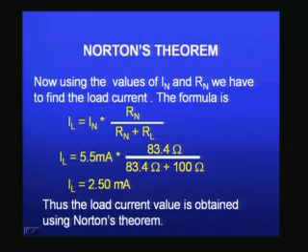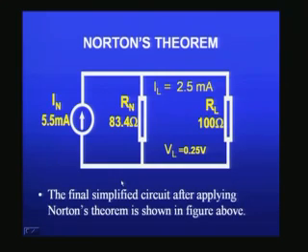Thus the load current value is obtained using Norton's theorem. This is the final circuit where I have shown the Norton's current source 5.5 milliamperes, the Norton's equivalent resistance 83.4 ohms, and the load resistance RL, with IL through the load being 2.5 milliamperes. The rest, 3 milliamperes, will flow through the Norton's resistance.